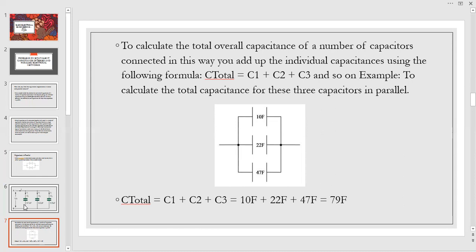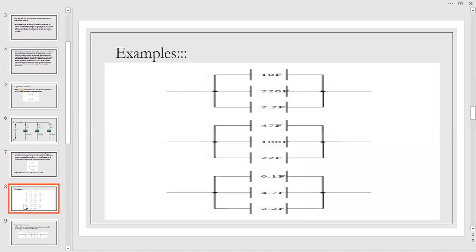C total equals C1 plus C2 plus C3, equals 10F plus 22F plus 47F, equals 79F. These are examples of parallel connection.